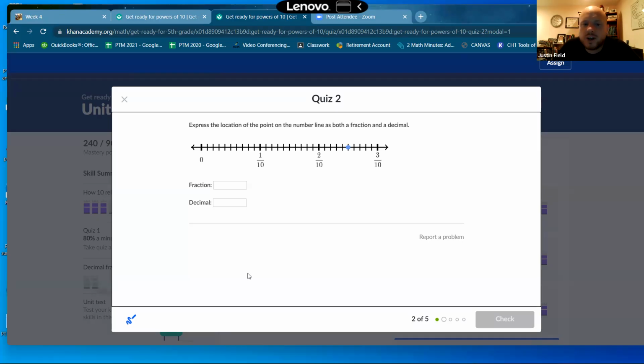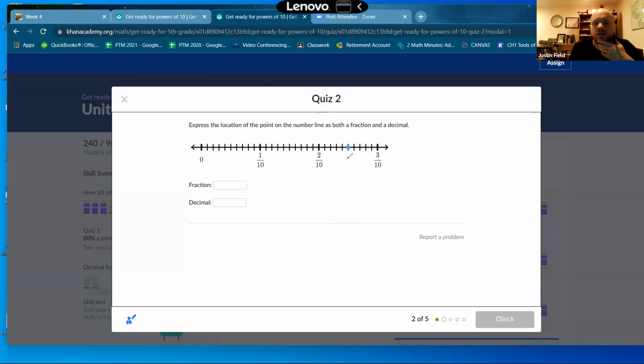All right, express the location of the point on the number line as shown as both a fraction and a decimal. This is in between 2/10 and 3/10. It's right in the middle of it too. So would that be 2.5 tenths? But we don't say that.